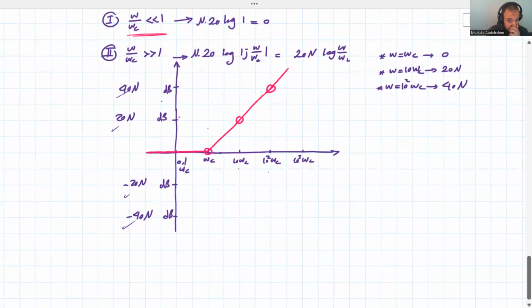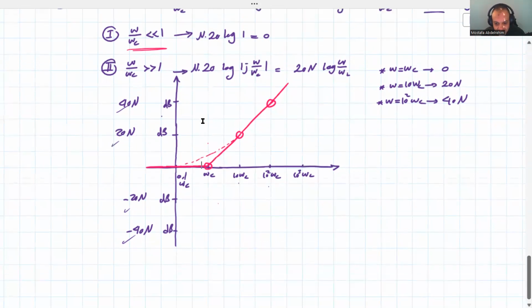And the actual curve will be something similar to that. It's 0, then approximately 1 decade before omega c it rises with a curvy shape. Then approximately 1 decade after omega c, it continues as a straight line, approximately again.